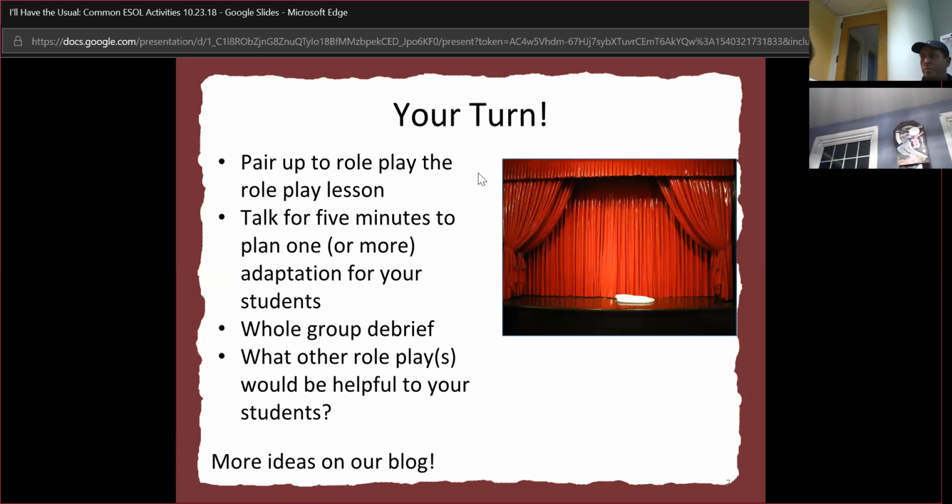Yeah. So I'll ask a few people to talk about what you role played and one thing that you adapted. So how about this group here?